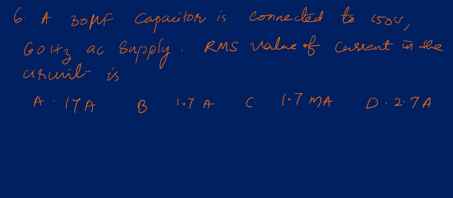Option A is the answer. A 30 microfarad capacitor is connected to a 150 volt 60 Hz AC supply. RMS value of current in the circuit is? The RMS value of current is I RMS equal to V RMS divided by XC, the capacitive reactance, because a capacitor is there in the circuit. So V RMS given is 150 divided by XC.